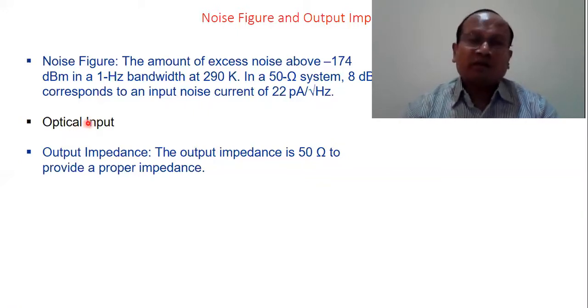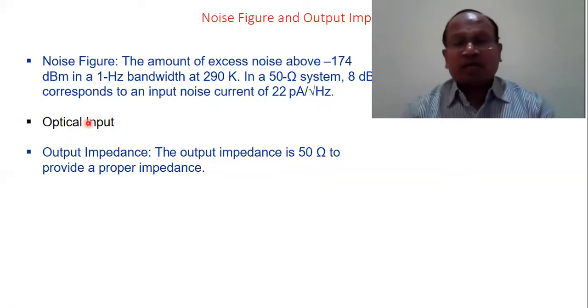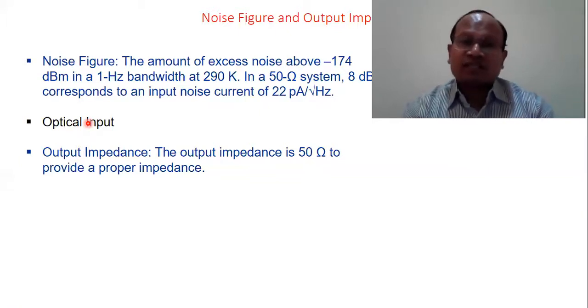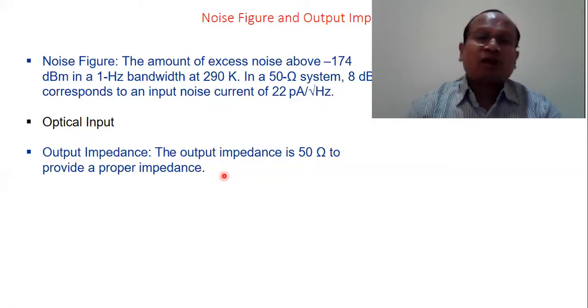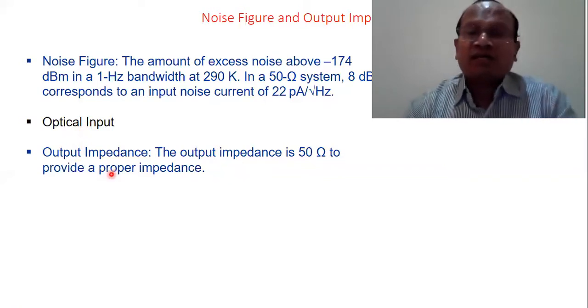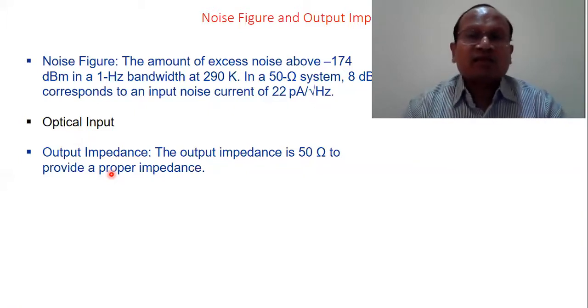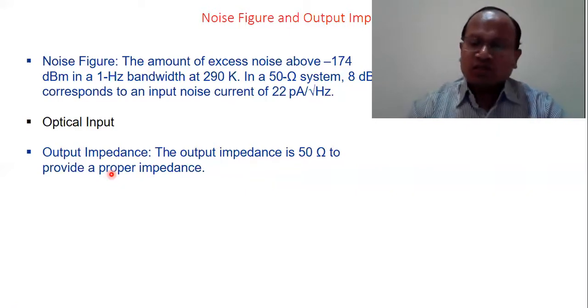Optical input affects conversion gain, responsivity, and efficiency as well. Output impedance is generally 50 ohm to provide a proper impedance that can match the requirements of connecting the optical detector in the application. So that is noise figure.